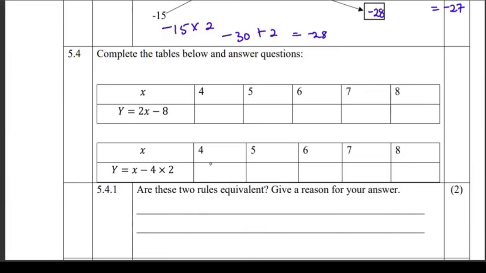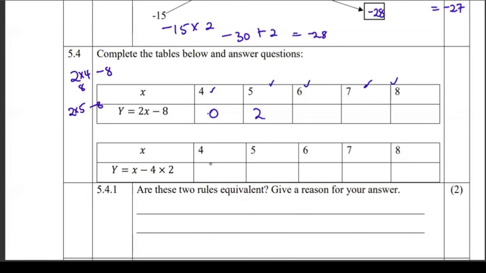So we just substitute where there is x, we put these numbers. Okay, so for the first one, it's going to be 2 times 4 minus 8. So 2 times 4 is 8. 8 minus 8 is a 0. Then if it's a 5, it's going to be 2 times 5 minus 8. 2 times 5 is a 10, minus 8 is a 2.